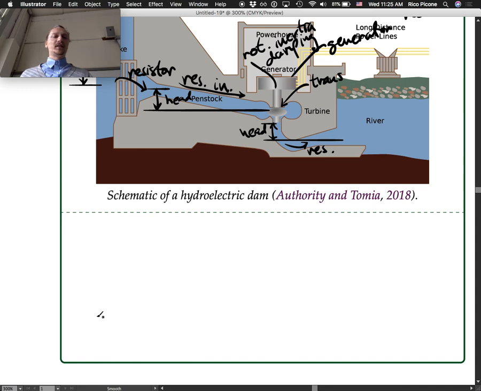Let's establish a fluid ground. And that fluid ground, let's say, is just P atmosphere, okay? Atmospheric pressure. That would be our reference pressure.